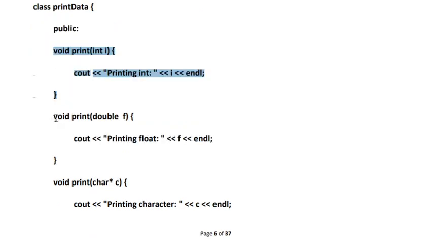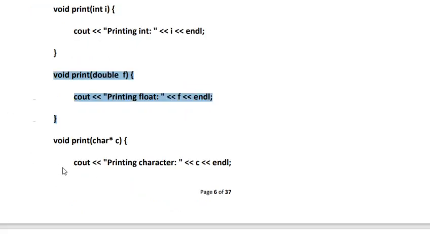Likewise, I have another function by the same name print, but the parameter it takes is of type double, and it prints that value. Now I have another function print which takes in a character pointer and prints a string.